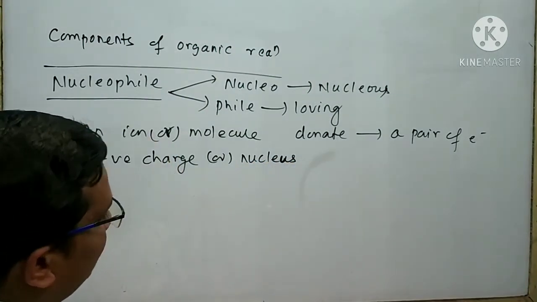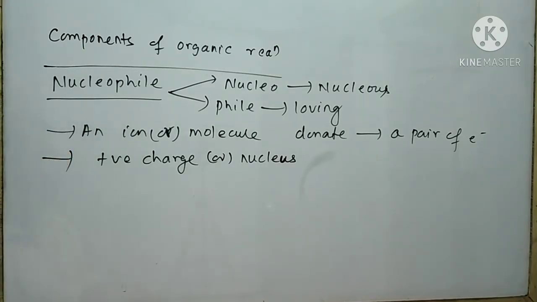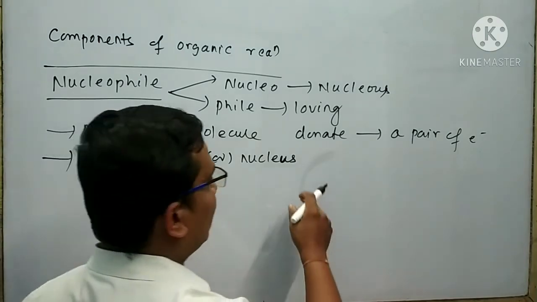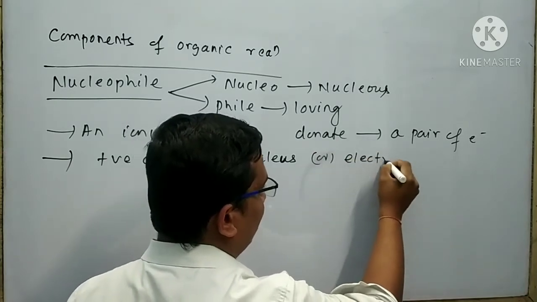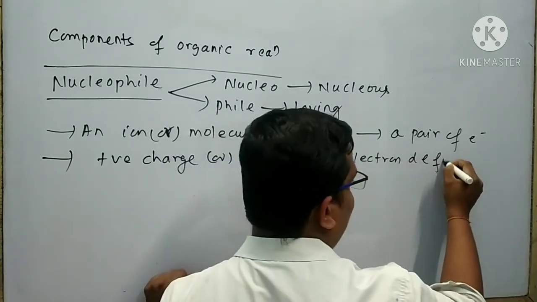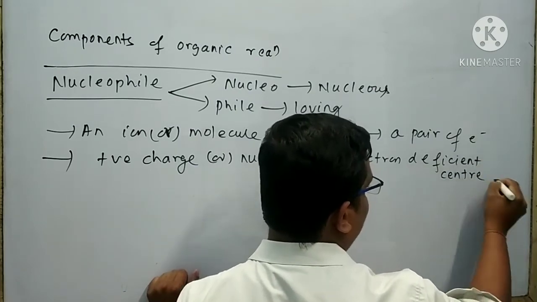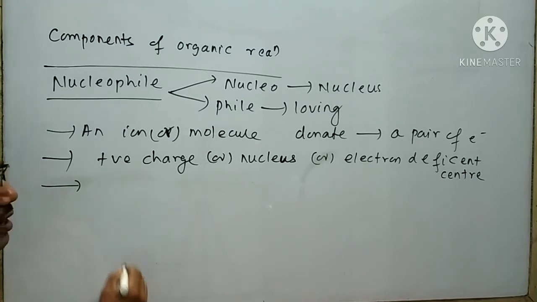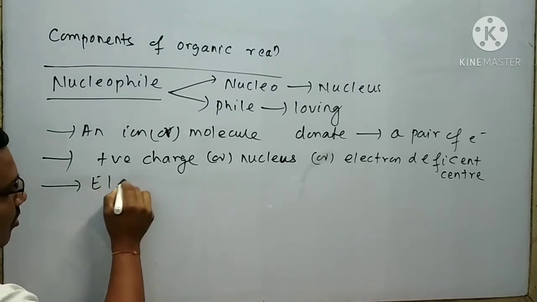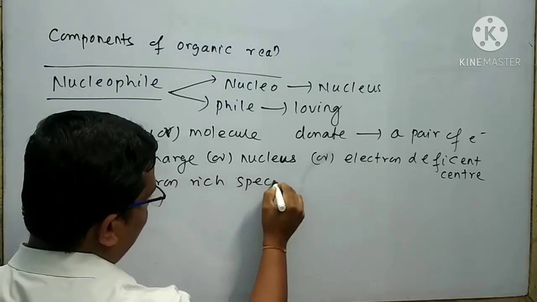Positive charge species are generally electron deficient species. So here I can write nucleophiles have higher affinity towards positive charge, or nucleus, or electron deficient center. Remember an important point: nucleophiles are electron rich species.